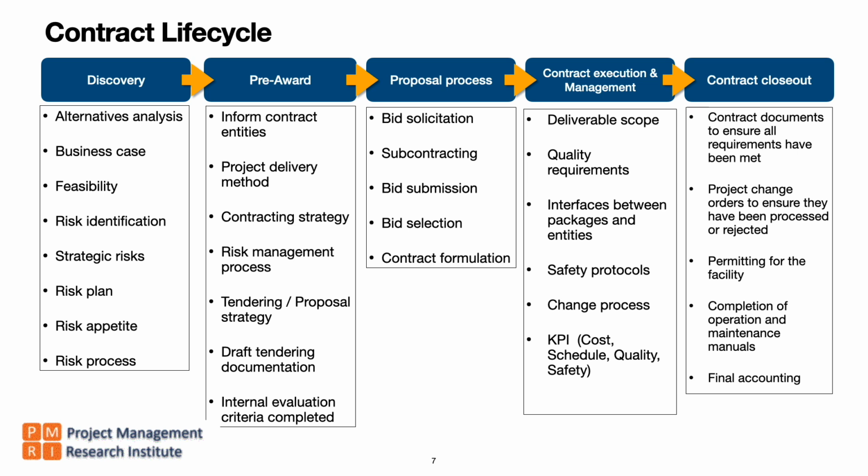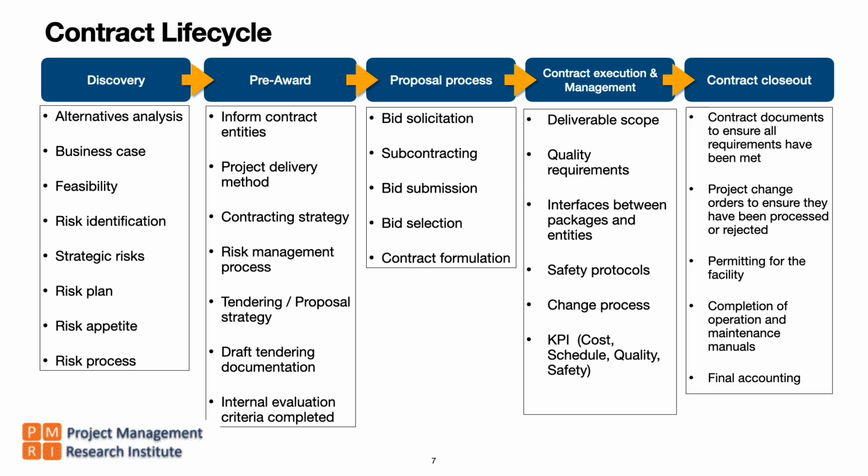So the deliverable scope must be monitored and controlled because the deliverables must be in line with what is documented in the contract. The quality requirements also must be monitored and controlled. Then interface between the packages and entities. So, for example, if the air conditioning equipment has to be installed, the associated electrical work must be completed.